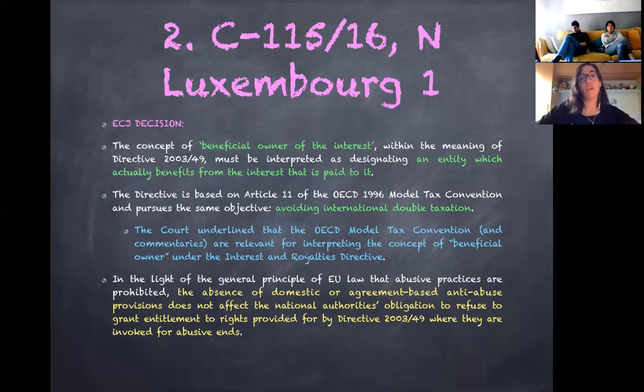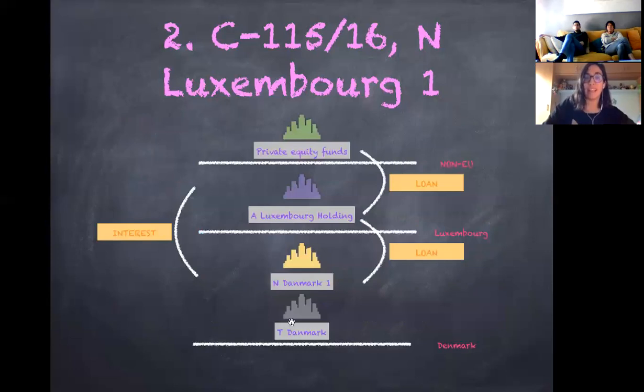The concept of beneficial owner of the interest within the meaning of the Interest and Royalties Directive must be interpreted as designating an entity which actually benefits from the interest that is paid to it. So, according to the directive, for Denmark to be able not to apply a withholding tax, Luxembourg should be the beneficial owner of the interest.